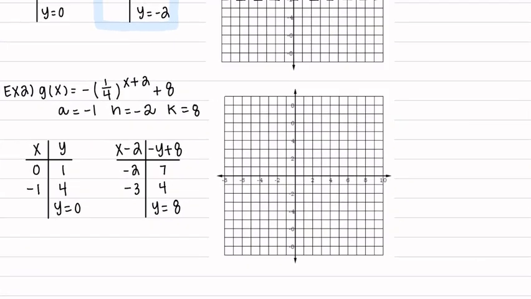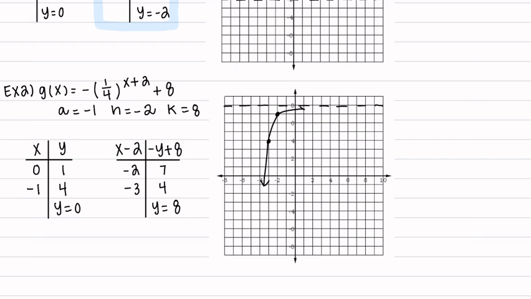So I'll go ahead and graph points at -2, 7 and -3, 4. And then a horizontal asymptote at y equals 8. So you can see this has been reflected because the points are below the horizontal asymptote.